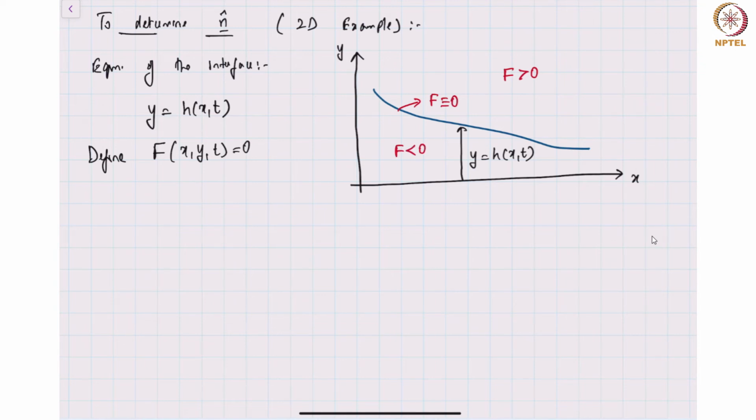So we could think of something like this, where below the interface I call it minus, and above the interface I call it plus, and my goal is to determine this normal vector n. And maybe we could even extend my goal and say I want to determine the tangent vector too. So this is my goal.